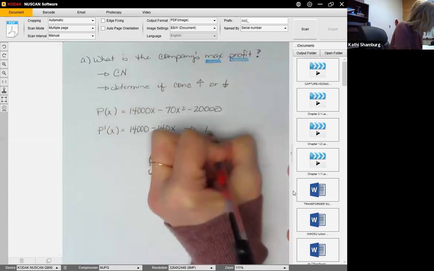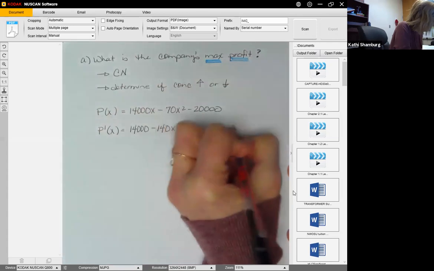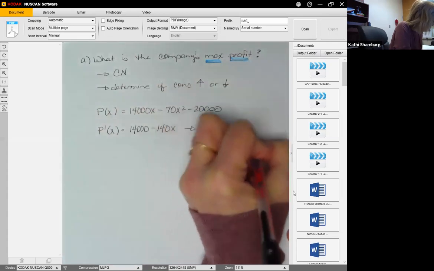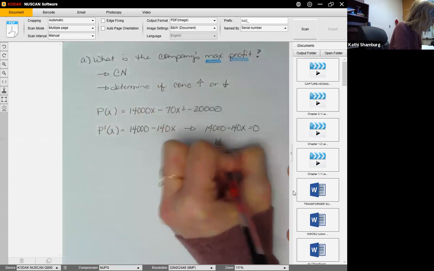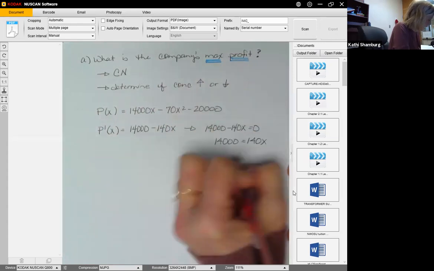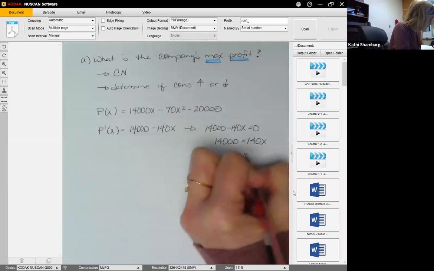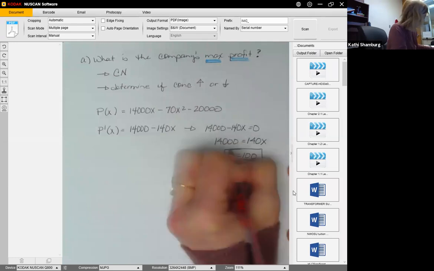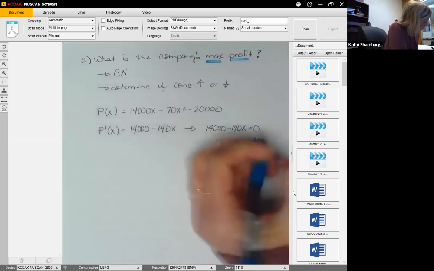So of course, we're going to set that equal to 0 to find the critical number. So we get x equals 100. So this is our critical number.